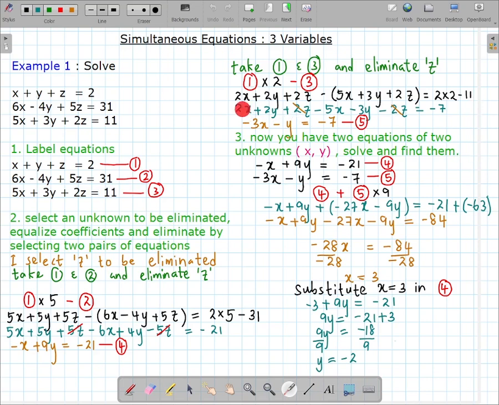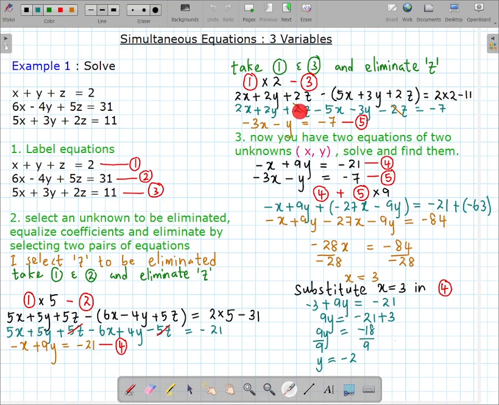Then I write 2x plus 2y plus 2z, expand the bracket: minus times 5x is minus 5x, minus times 3y is minus 3y, minus times 2z is minus 2z, equals 2 times 2, 4, 4 minus 11, that is minus 7.